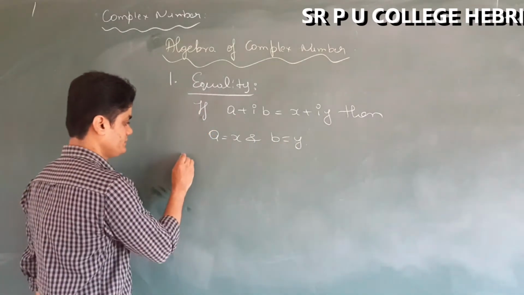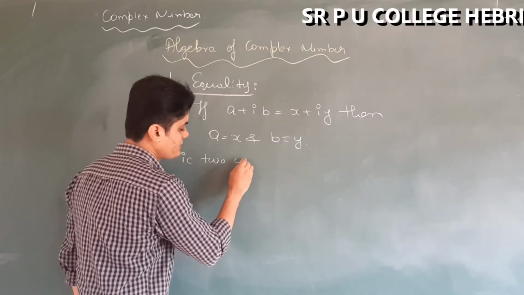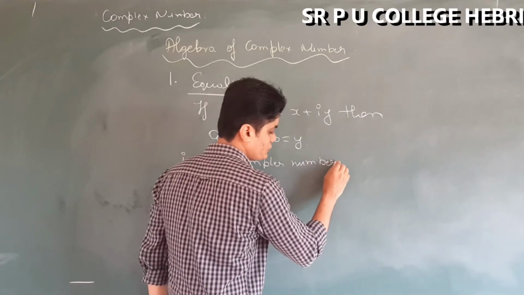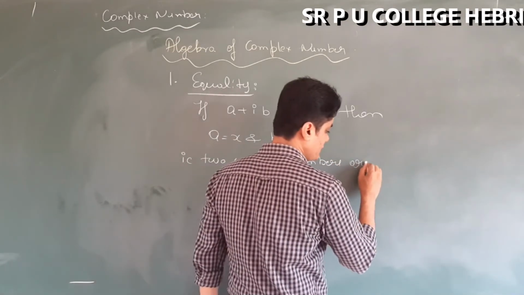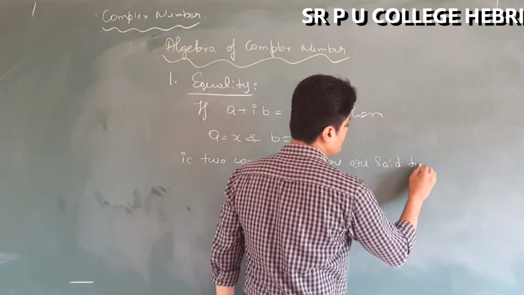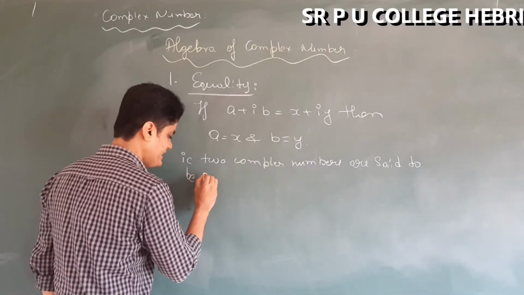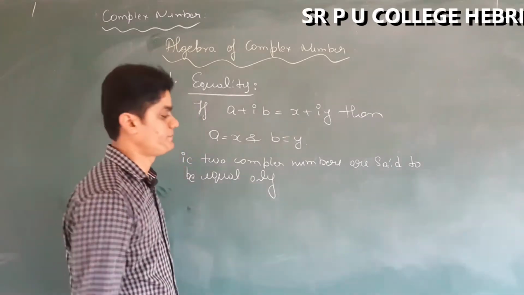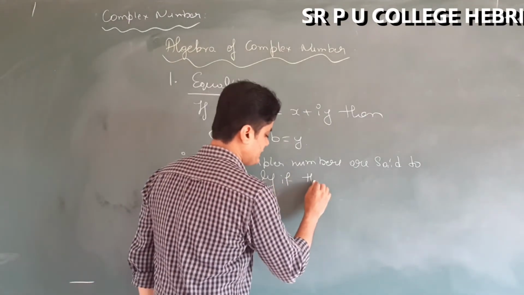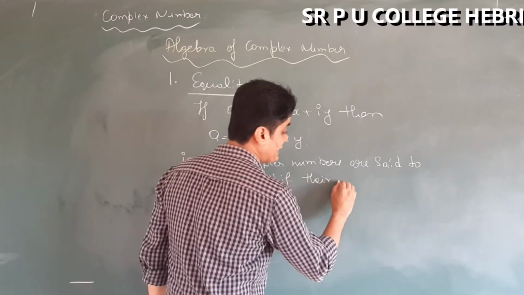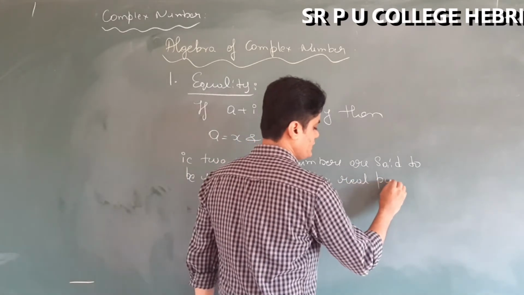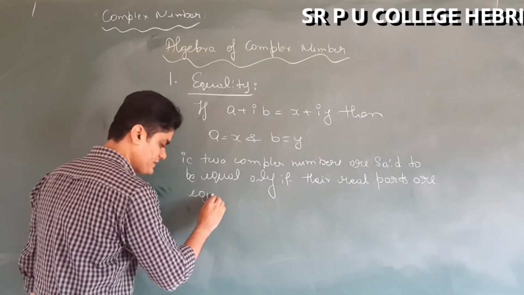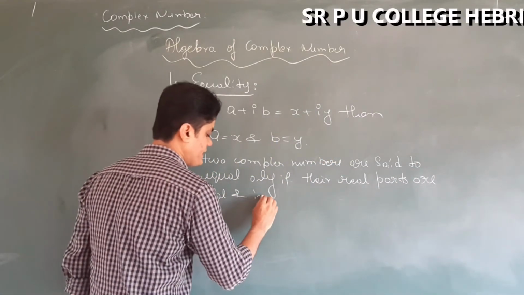That is, two complex numbers are said to be equal if and only if their real parts are equal and imaginary parts are equal.